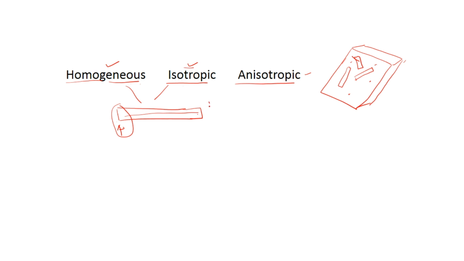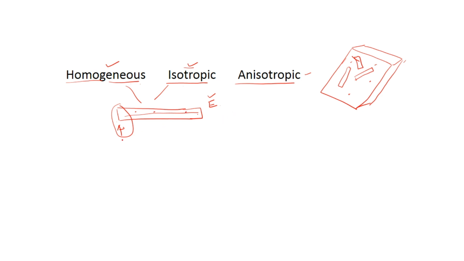We know that modulus of elasticity and other material properties generally depend on the temperature. It means the values of properties that we evaluate at this point, this point and this point will be different.